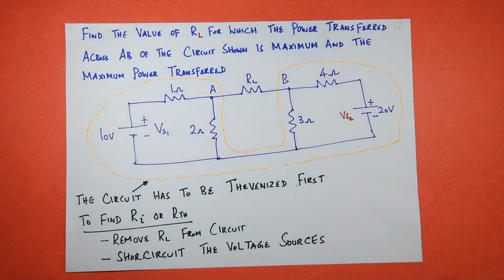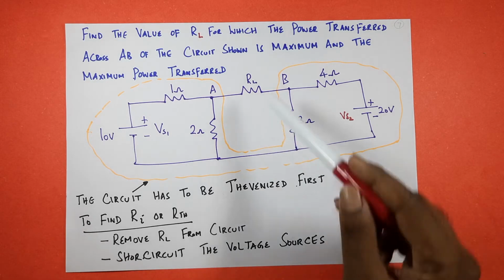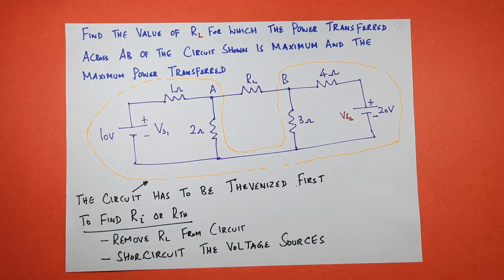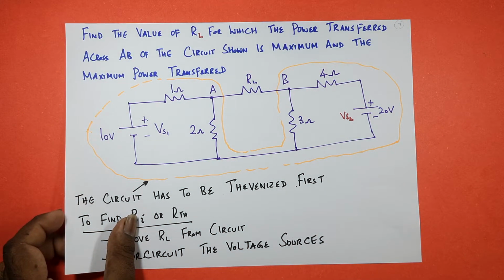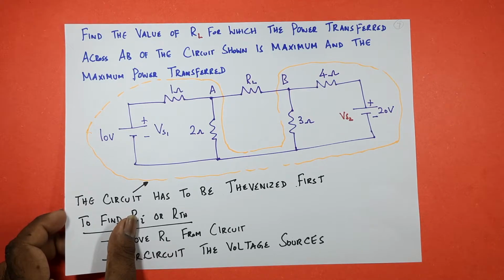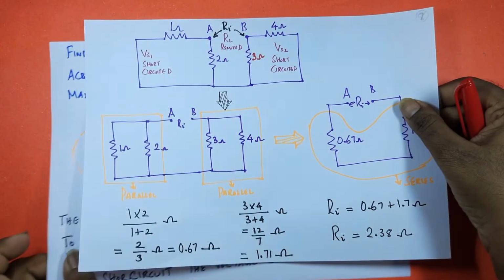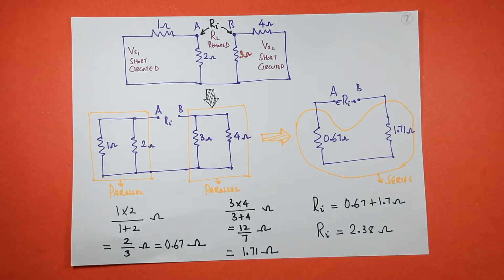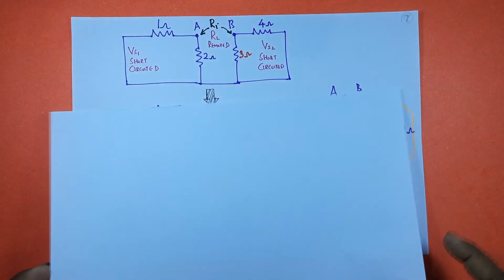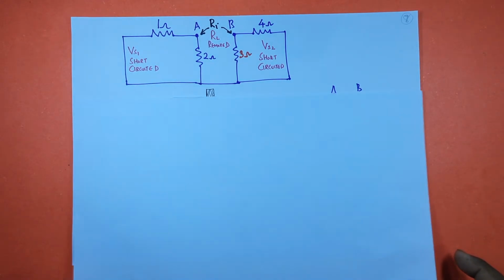To find Ri or R Thevenin, first you have to remove RL from the circuit and short circuit these two voltage sources. So, we have VS1, one voltage source, VS2 another voltage source. Both voltage sources you have to short circuit to find this R Thevenin or Ri.